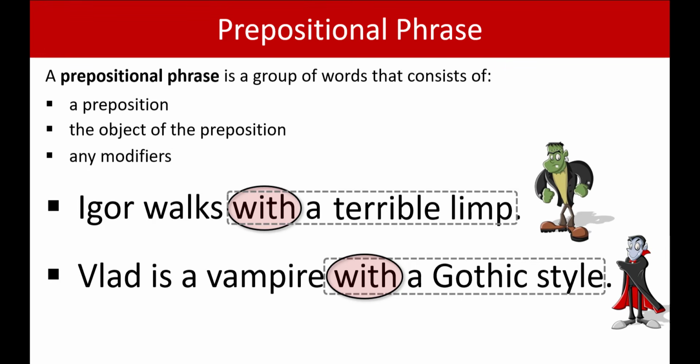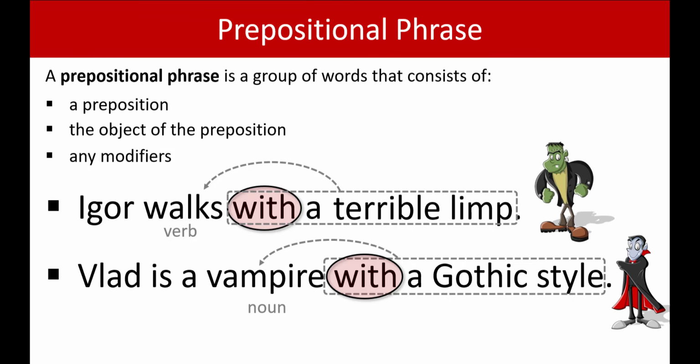Now, the reason why I've put these two up is because I want to show you how prepositional phrases function. So, Igor walks with a terrible limp. That tells us how he walks. The prepositional phrase is modifying a verb. Now let's look at the bottom one. With a Gothic style. That is a prepositional phrase, but this one modifies a noun.